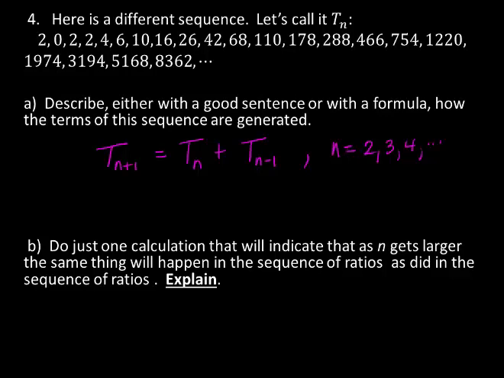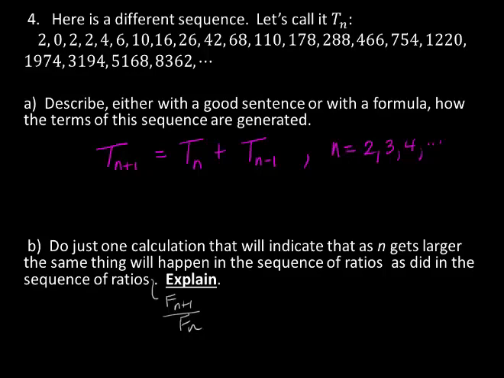Somehow that didn't come out on the video. On your test it says: do just one calculation that will indicate that as n gets larger, the same thing will happen in the sequence of ratios as did in the sequence of ratios, f sub n plus 1 over f sub n. I don't know why that didn't translate into the file.